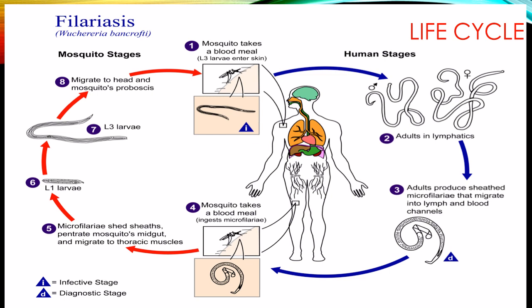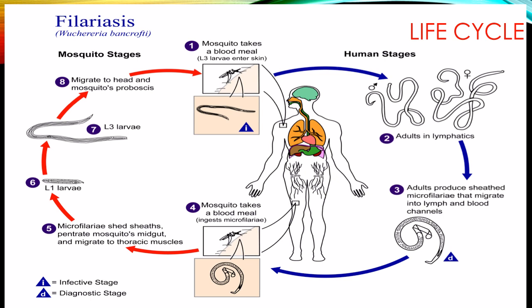Then you can go through this picture. It is a very elaborate diagram which shows the life cycle of Wuchereria bancrofti, which causes filariasis. You can see the different stages starting from stage 1, 2, 3, 4, 5, 6, 7, and 8.